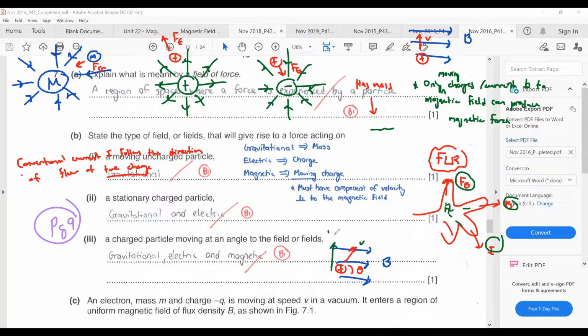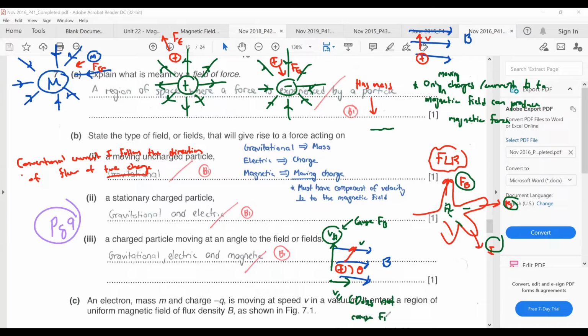You would have a perpendicular component of velocity here and a parallel component of velocity here. This one here will cause magnetic force. This one here does not.